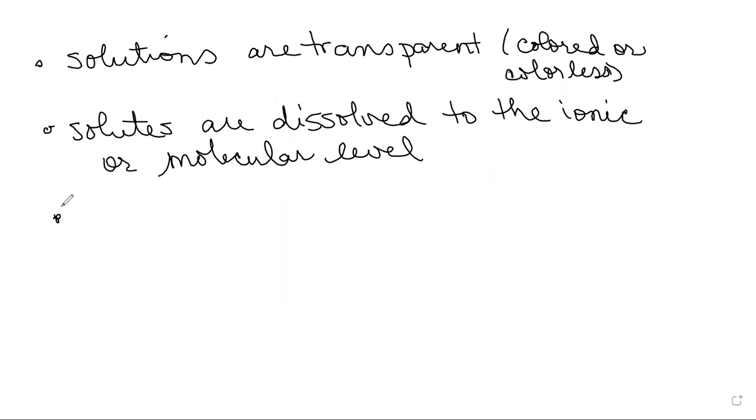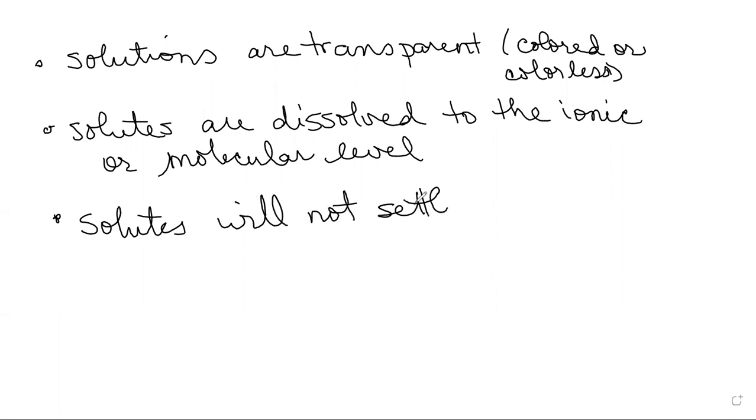And finally, when we talk about true solutions, the solute will not settle out over time. Sometimes it looks like you have a solution, like with some teas, but over time, if you let it sit, you'll see that some material settles down to the bottom. So it's not a true solution. Our solutes will not settle out over time.